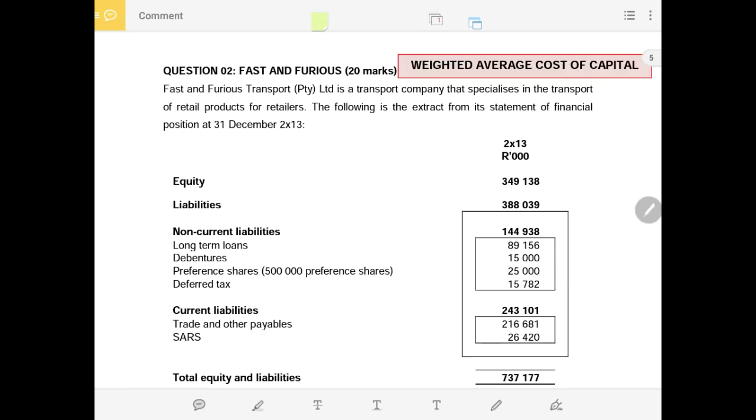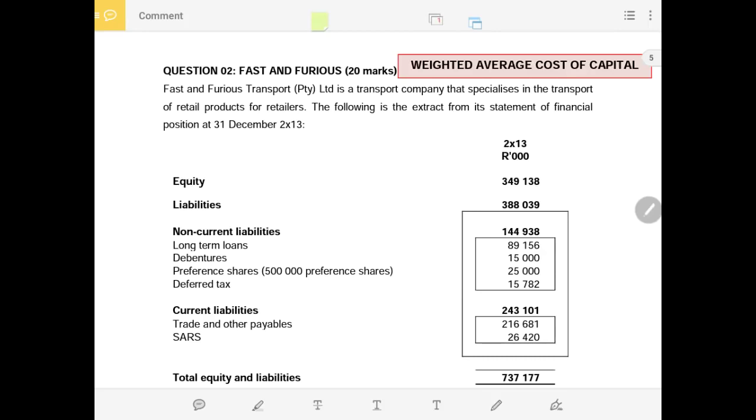capital. It says Fast and Furious Transport Pty Ltd is a transport company that specializes in transport of retail products for retailers. The following is the extract from the statement of financial position at 31st of December in the year 2013. So we are given this extract.